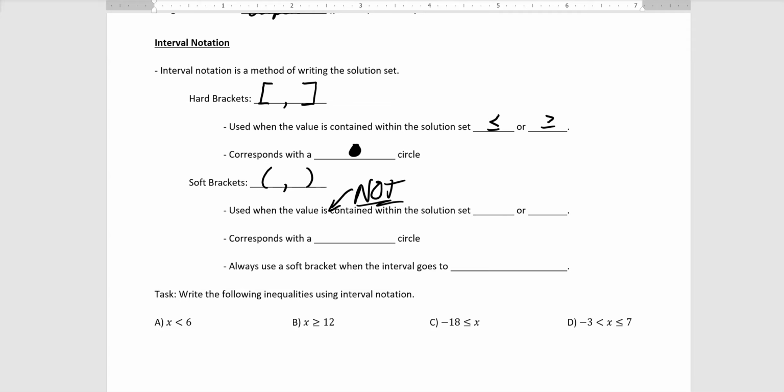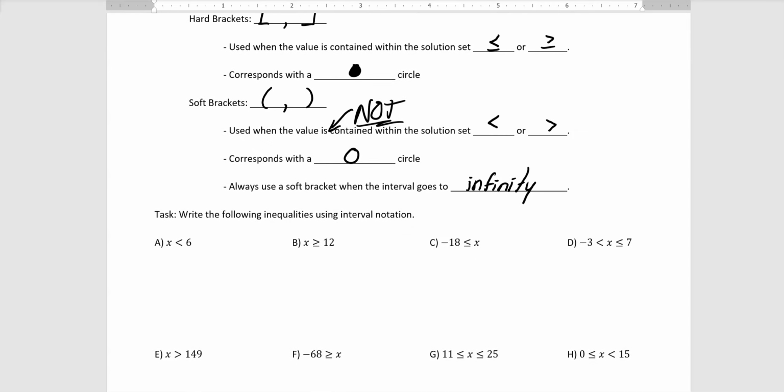Inequalities that are not contained within the solution set are those less than or greater than, the ones that are not equal to. And that corresponds with an open circle on a graph. We also always use a soft bracket when the interval goes to infinity. If you wonder why, that's a great conversation for us to have. I'd be happy to answer that question in one of our Zooms or when we meet in class.